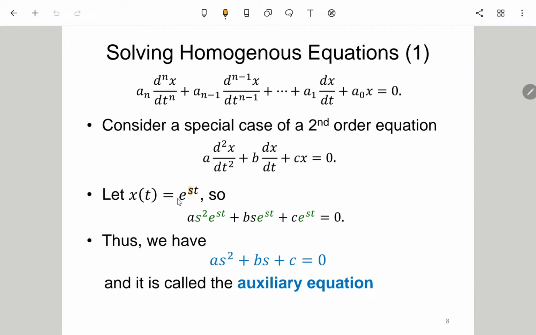So we have both the original function and its derivative. If we assume this form of solution, then after plugging it back into the original homogeneous equation, we will also have this function in every term, and then finally we can cancel it out.